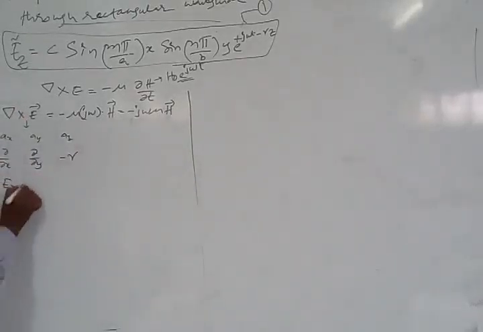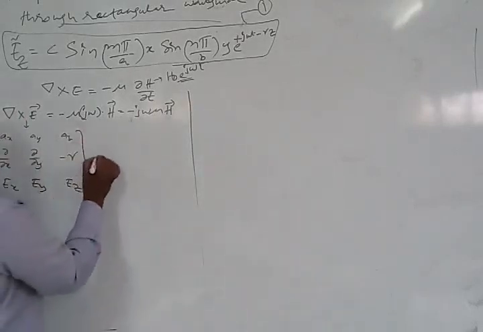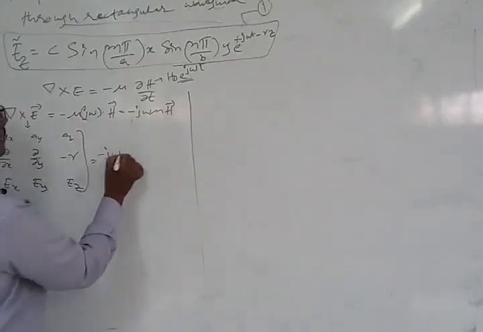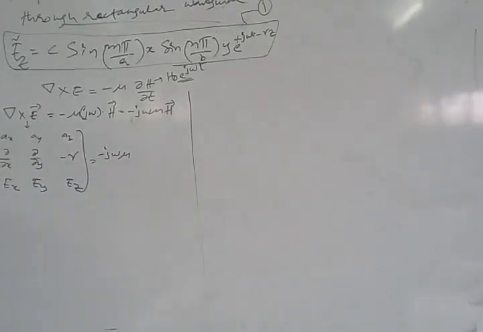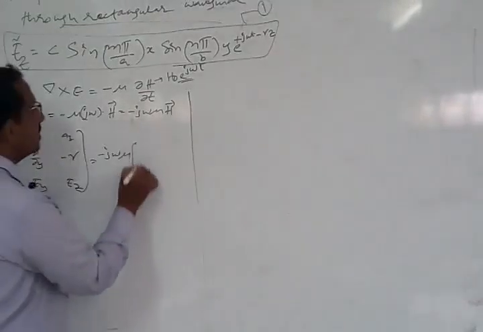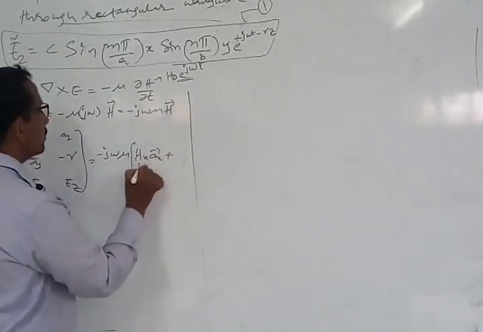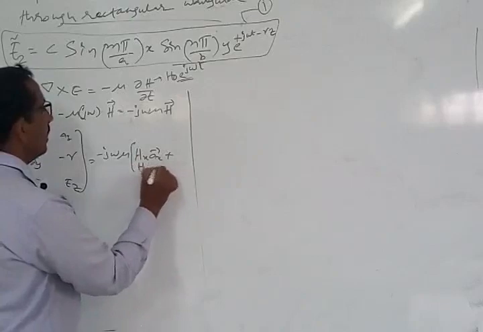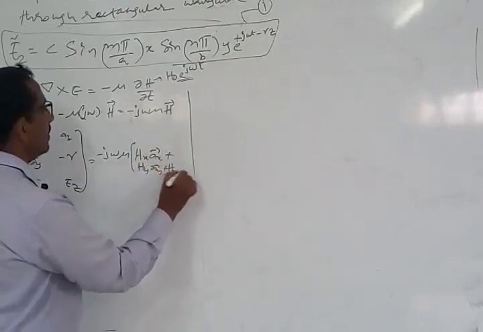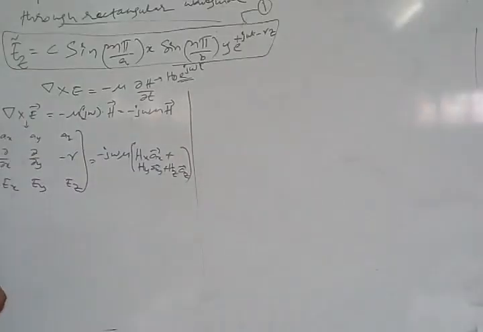So then Ex, Ey, Ez as it is. We don't change this, as it is we'll write is equal to minus j omega mu. What is this H I can write? Because I am expanding it for 3 coordinates. So therefore I will write this H as Hx Ax plus Hy Ay plus Hz Az. So this is what we will expand now.